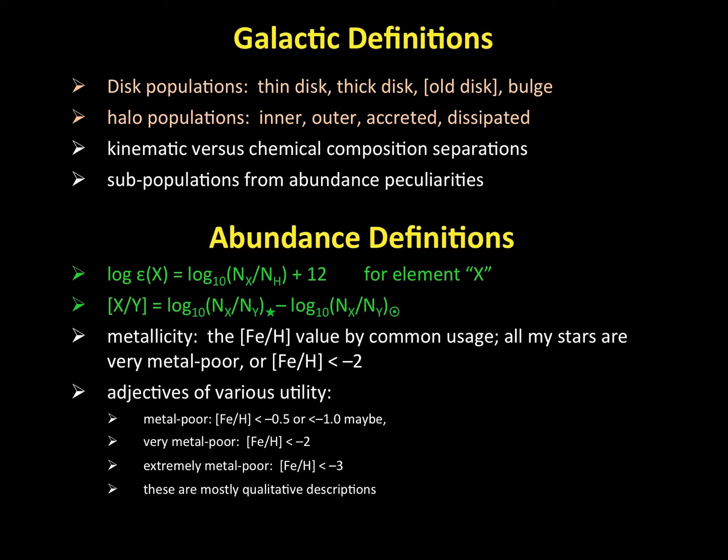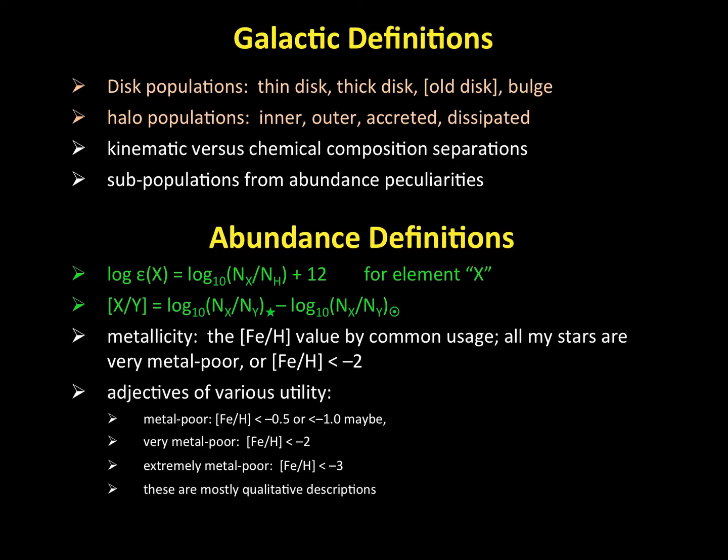You may choose whichever one you want, and I won't care. Metal poor stars, to me, start at about a metallicity of minus 0.5. That's a third of the solar overall iron abundance. Very metal poor, minus 2. That's a 100th. Extremely metal poor, minus 3. Nature quality metal poor, minus 6. And the adjectives could just continue. I don't care anymore about this.